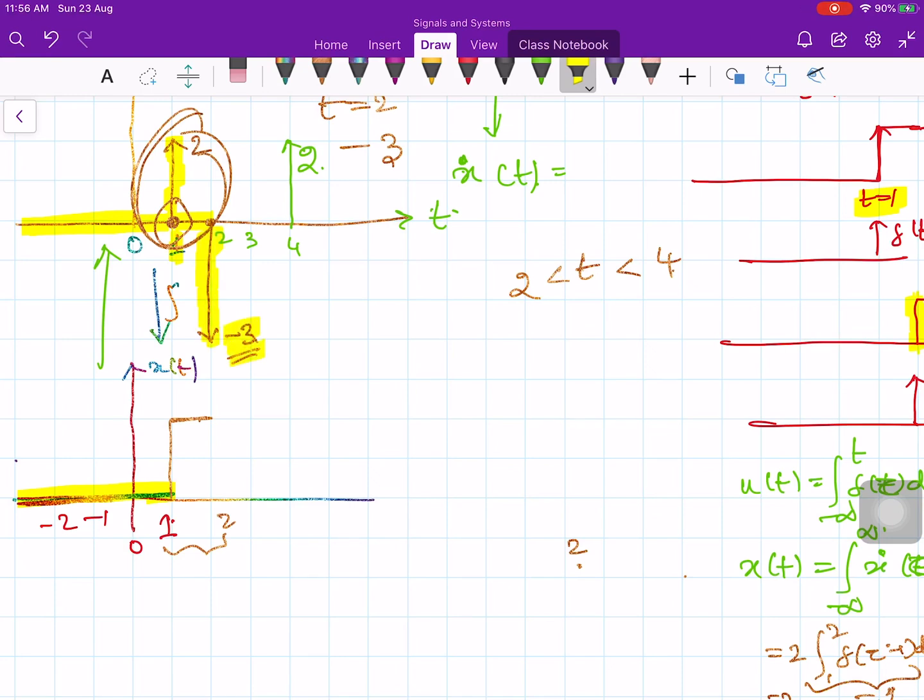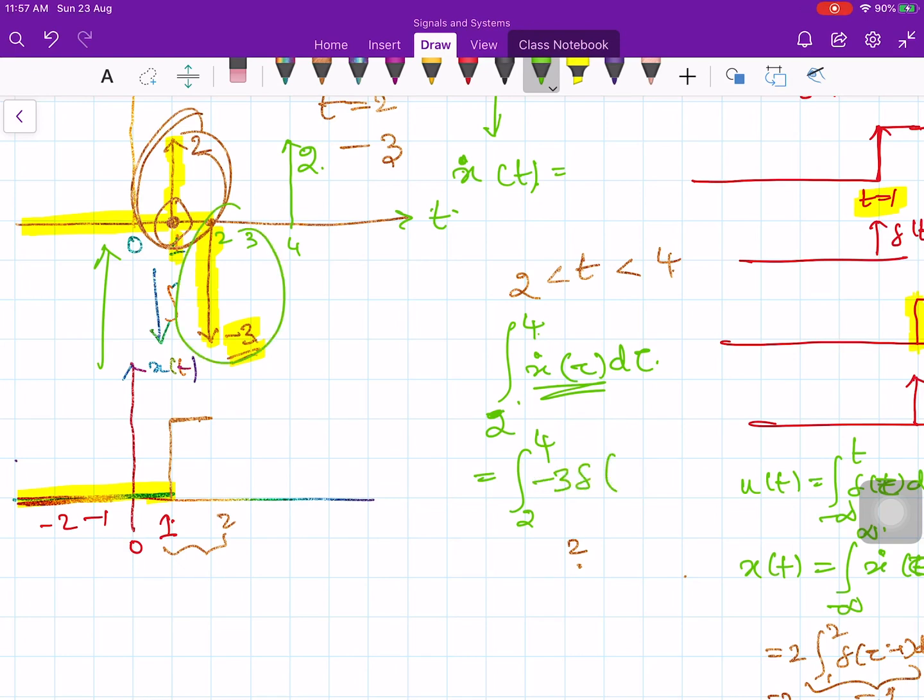Therefore the integral is, no, not minus, 2 to 4 x dot of tau d tau. In that the derivative is this function, so minus 3 times del, the delta function located at t equals 2, so tau minus 2 d tau.